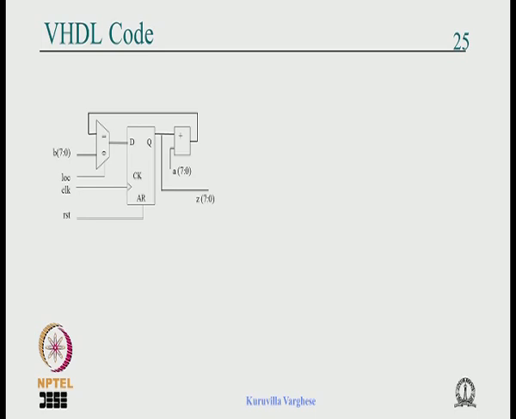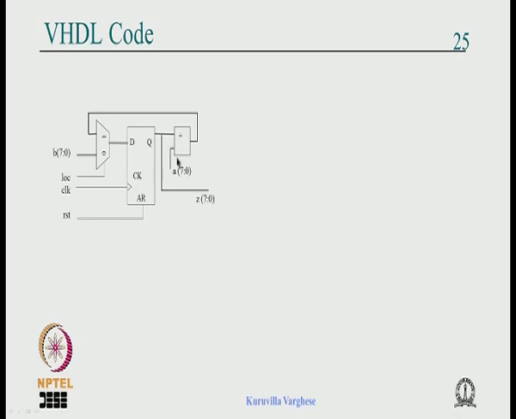Now this shows first of all an 8-bit register, because you know that this output is 7 down to 0. So these are definitely 8 D flip flops, the clocks are connected together, reset is connected together, an 8-bit register.